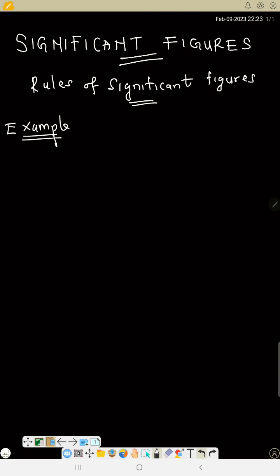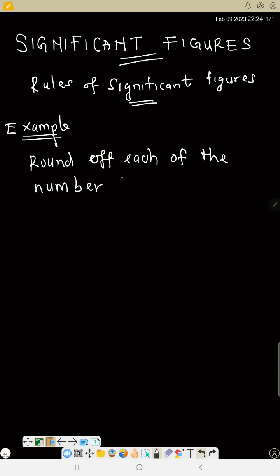Round each of the following numbers to two significant figures.